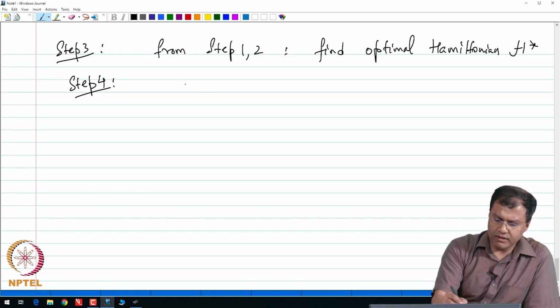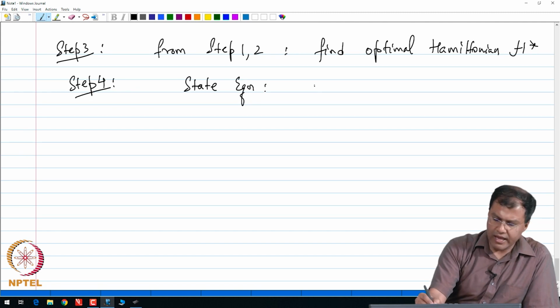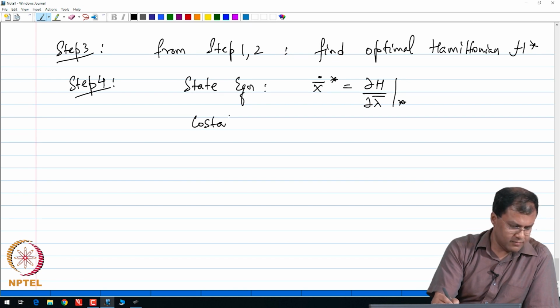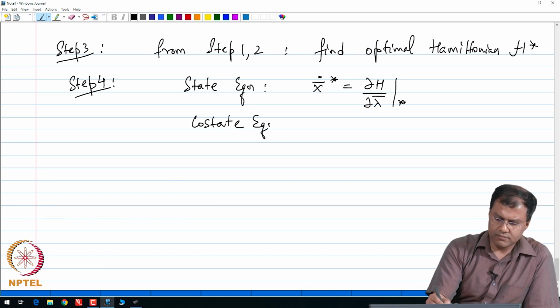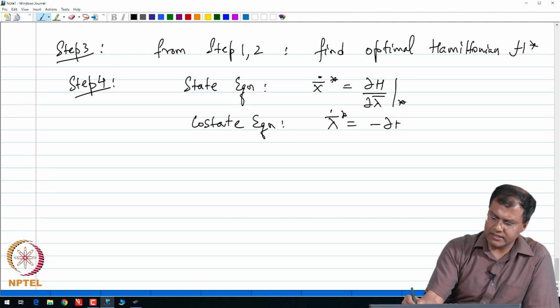We have the state equation, x bar dot star is equal to partial h partial lambda at star, and then my co-state equation, which is lambda bar dot star is equal to minus partial h partial x bar star.